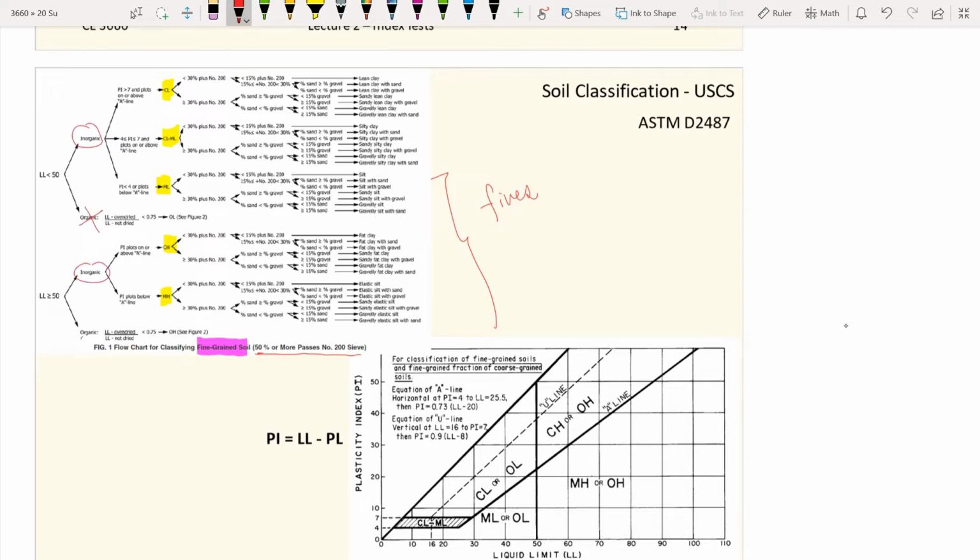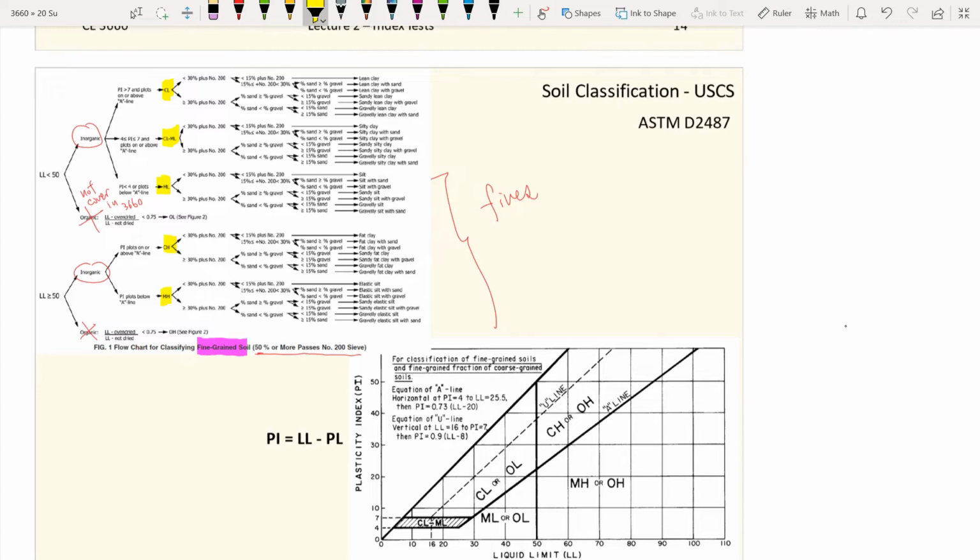We don't deal with organic material, so it is not covered in this class. Organic materials are a lot more complicated. We'll talk about them in more advanced classes, but in this class we only focus on inorganic material. So again, for soil classification, we have two final products: the group symbol and the group name.